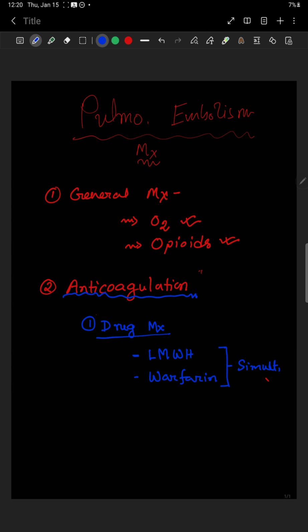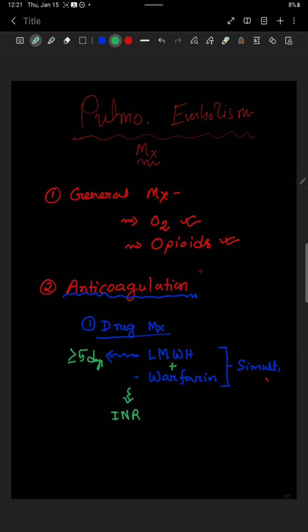You should use this warfarin for at least 5 days. You have to go for more, but for at least 5 days you have to go with low molecular weight heparin alongside warfarin, and you follow up the INR.